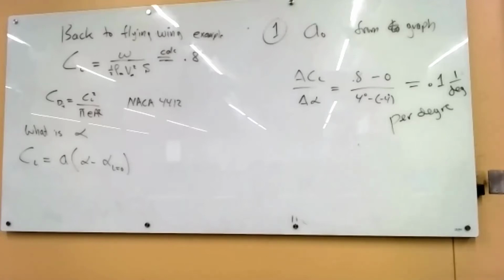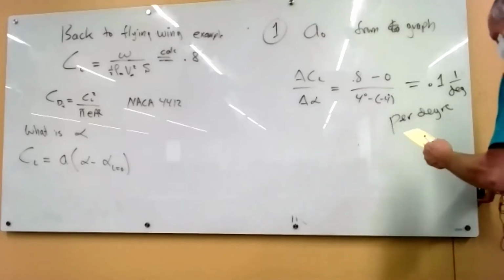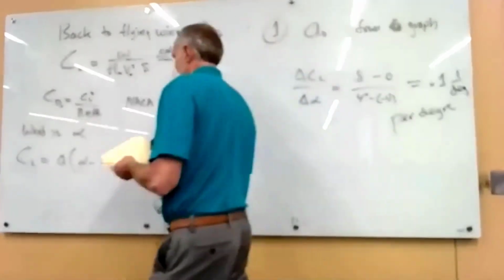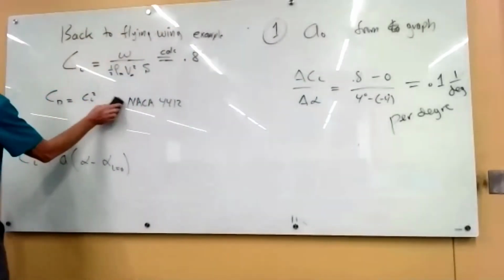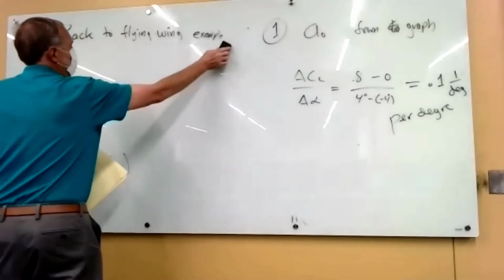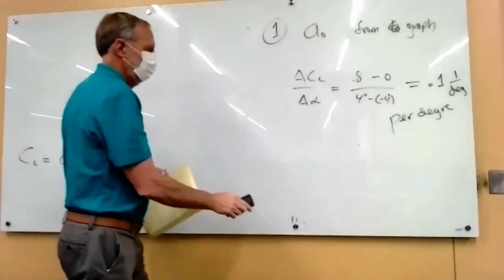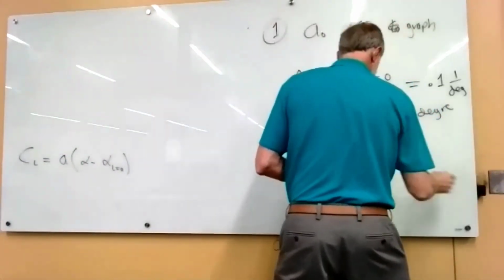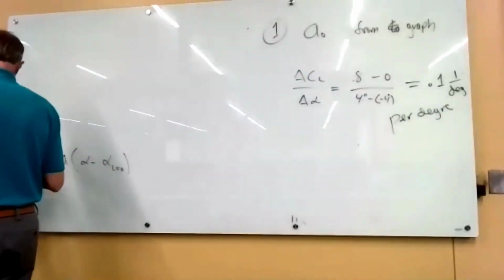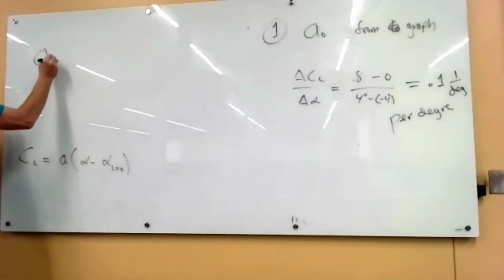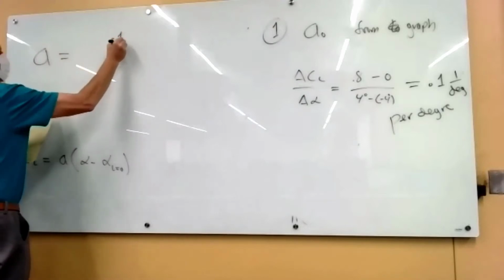So now we pull up that formula. So A is going to be A0.